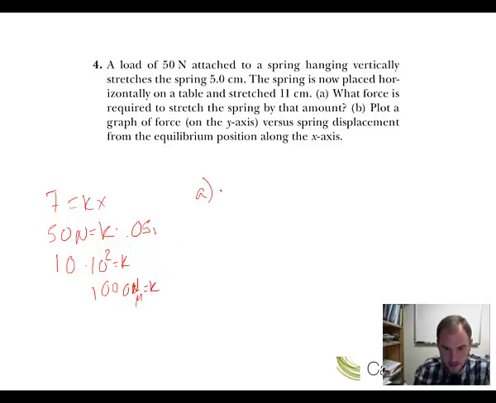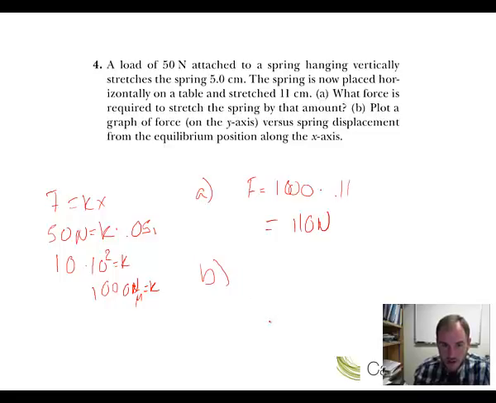So now we can do part A. Now we want to know the force required to stretch the spring 11 centimeters. So now we're going to solve for F. We know that k is 1,000, and our delta x is going to be 0.11. So this will give us 110 newtons.